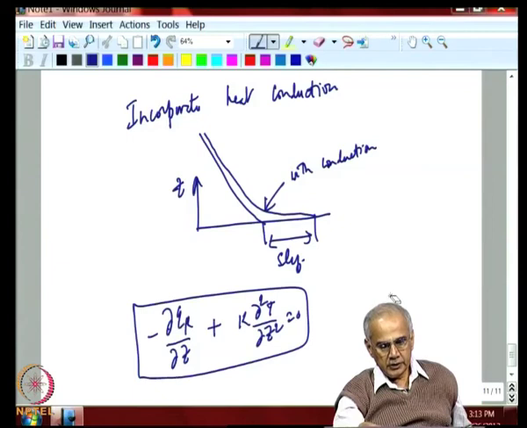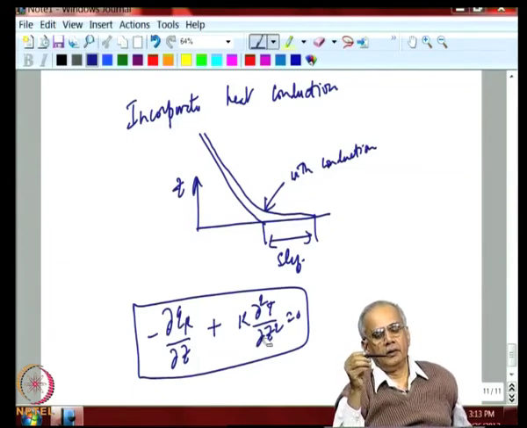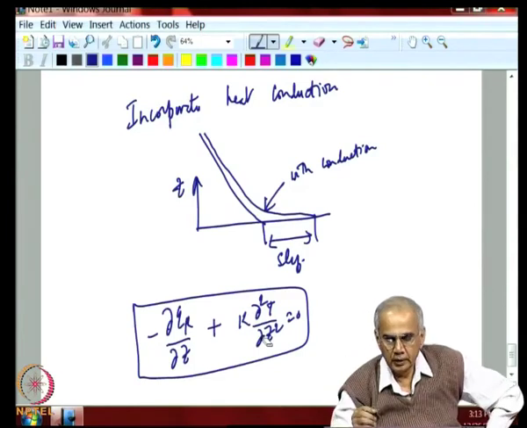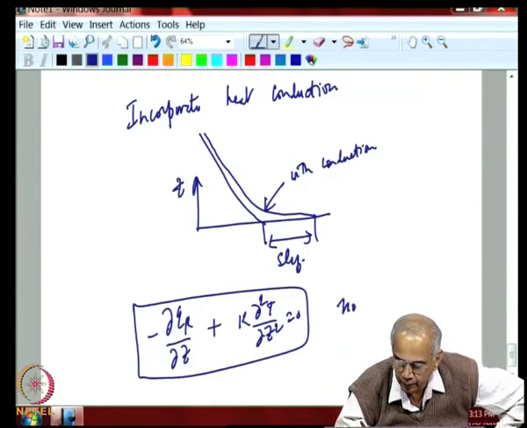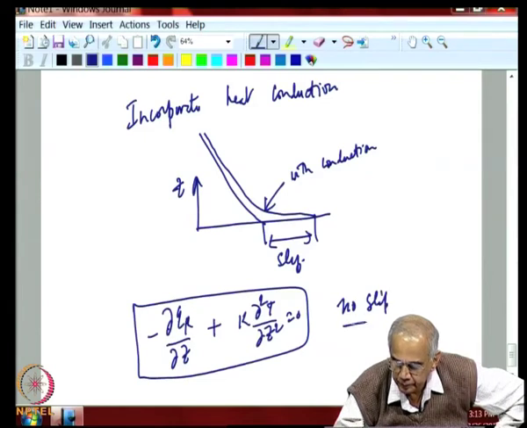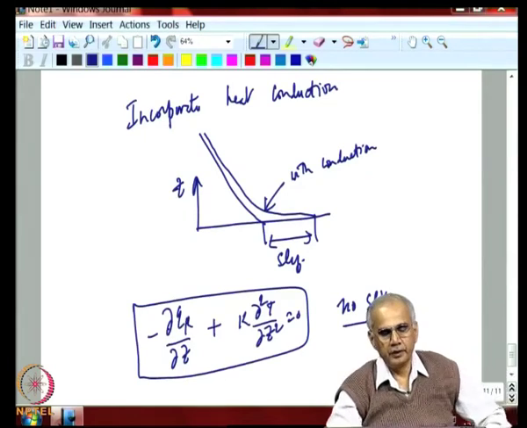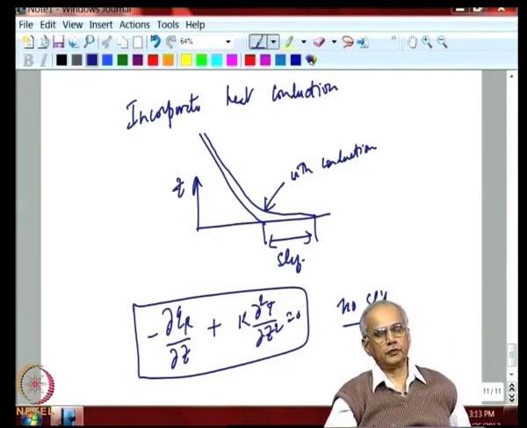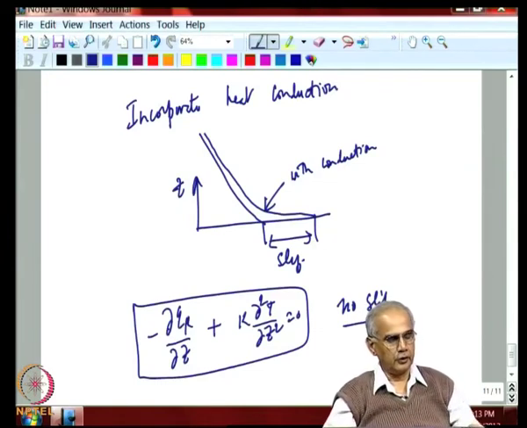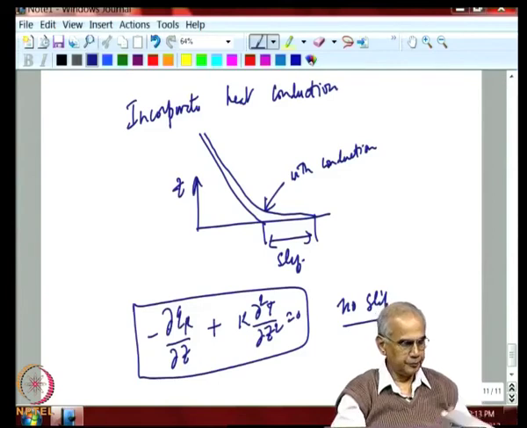But this diffusion term or conduction term is essential to avoid slip. So, now there will be no slip once you have incorporated the diffusion term. The diffusion process will ensure that you have a continuous temperature profile.